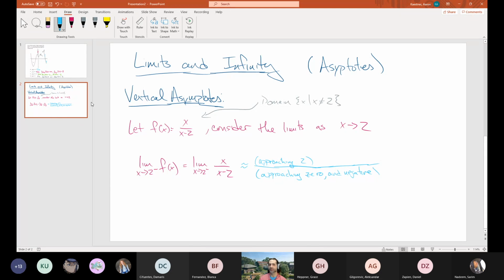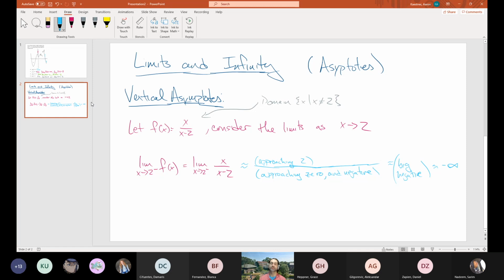But in this case, we want to make sure we're thinking about negative numbers. And so here we have 2 divided by something that's really small and negative. So that's going to look like 2 times something that's really big and negative. So this is going to be a big negative number, and we can represent that by negative infinity.